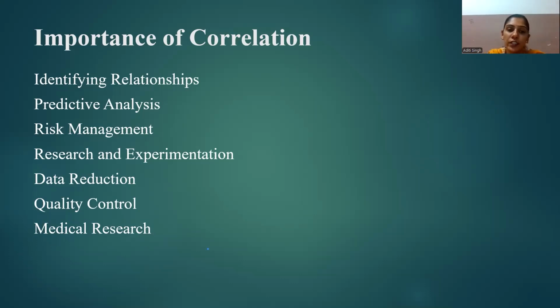Next, in research and experiment. In scientific research, correlation analysis helps in formulating hypotheses. If there are two variables which are correlated, one independent and one dependent, it can lead to further investigation into whether there is a causal relationship between the variables or not.